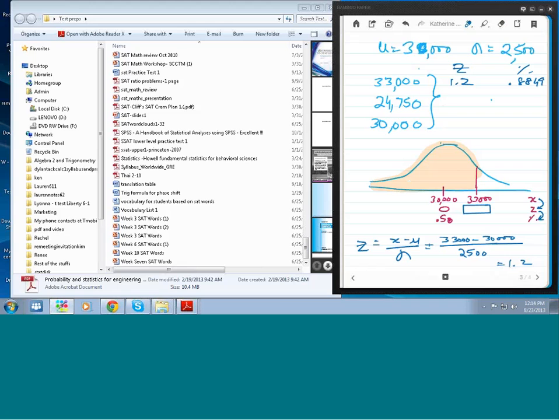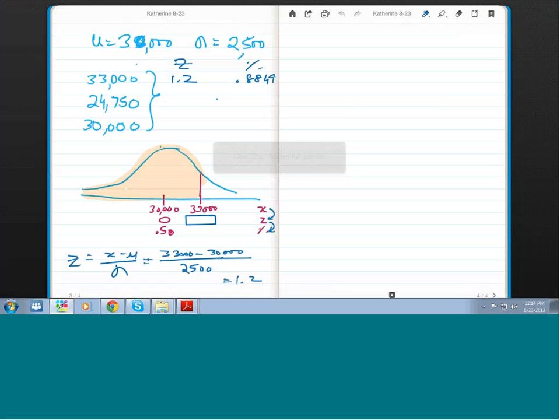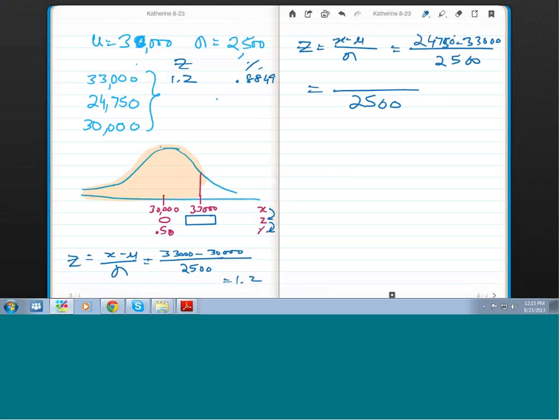And then this one, 24,750, you have z-score equals x minus mu over sigma. So you have 24,750 minus 33,000 divided by 2,500, which is 2,500 at the bottom. And at the top, you have 8,250, but actually negative 8,250, right?